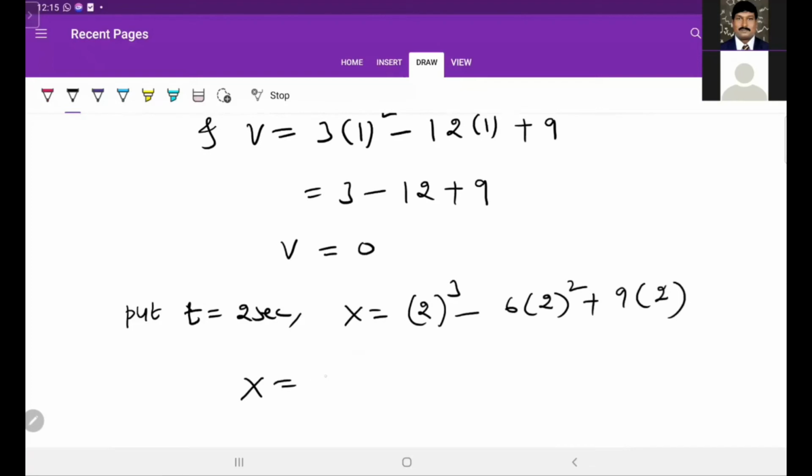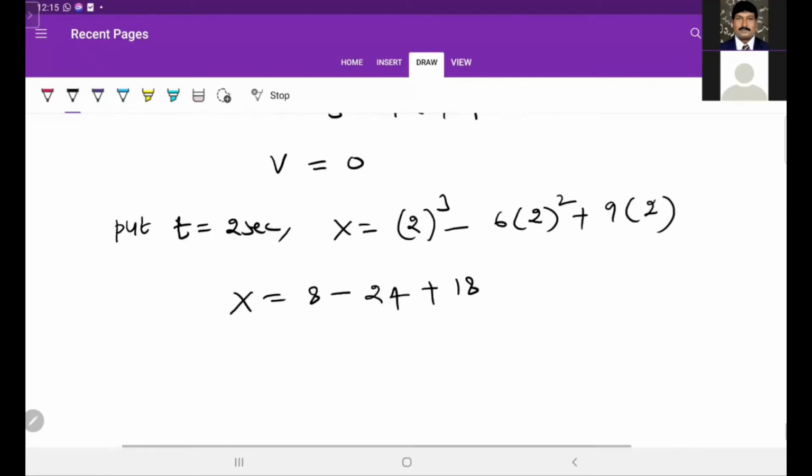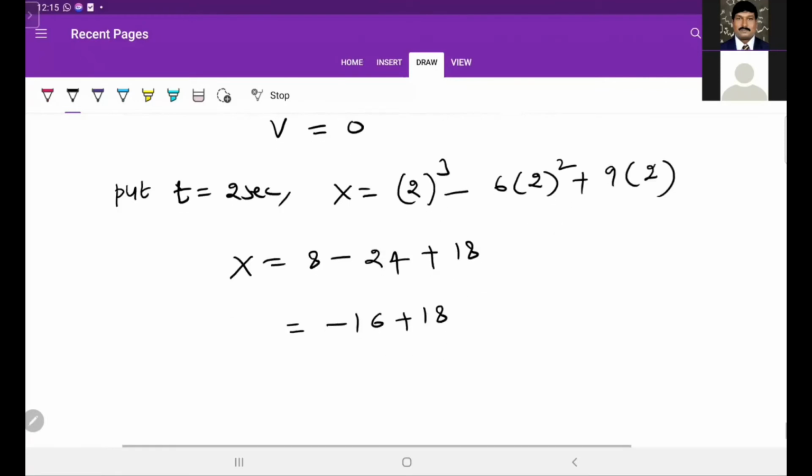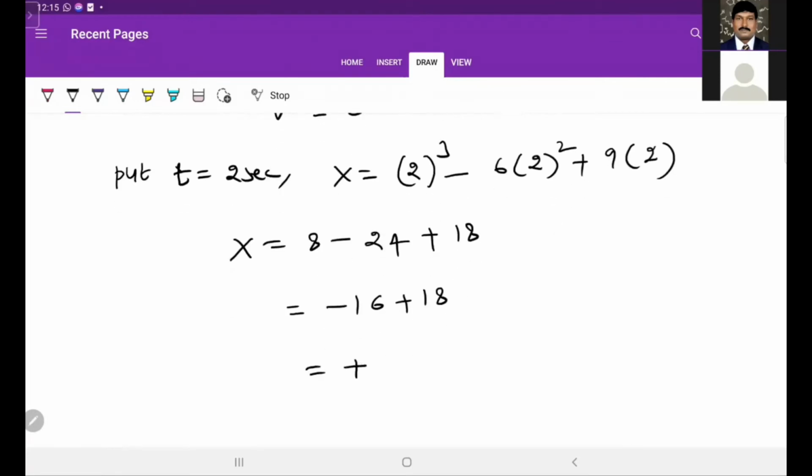So we get x is equal to 8 minus 24 plus 18. So solve this. Minus 16 plus 18. So plus 2.